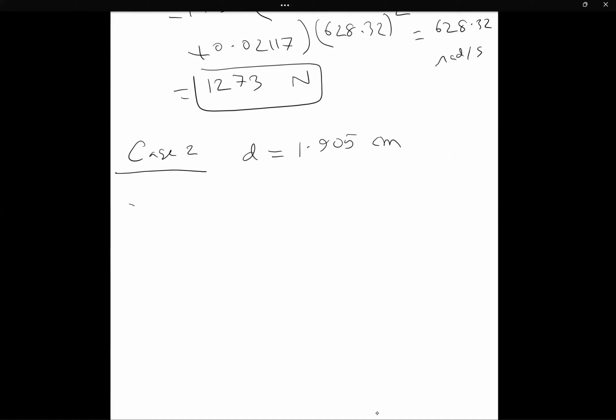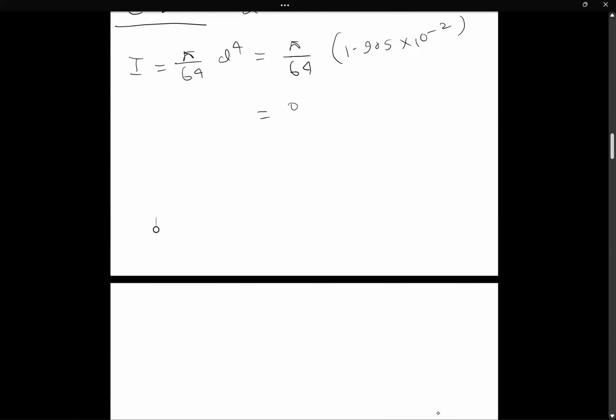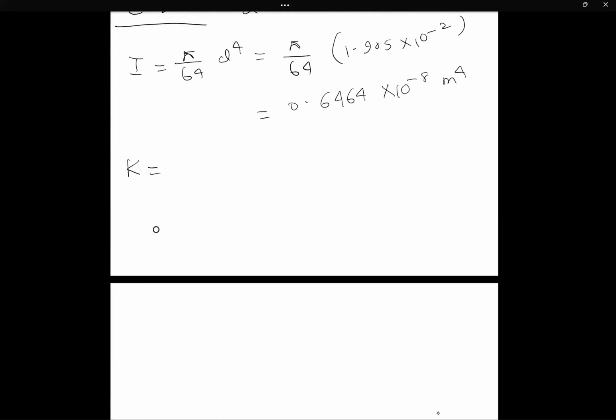So our I would be pi by 64 d to the power 4, or pi by 64 times 1.905 10 to the power minus 2, and the value would be 0.64 10 to the power minus 8 meter to the power 4, and k would be 48.